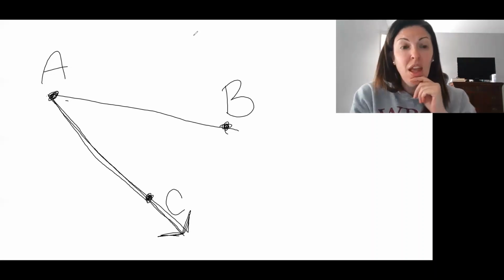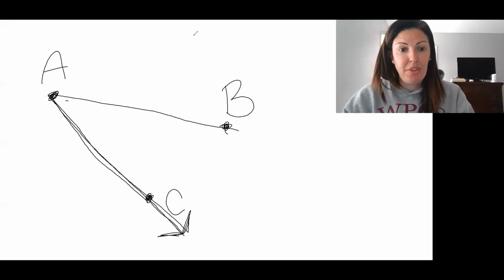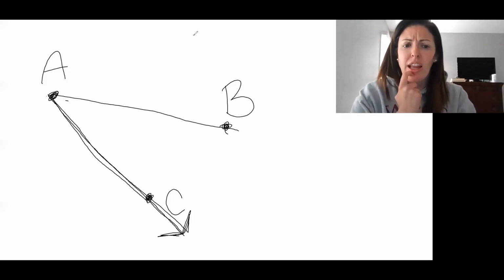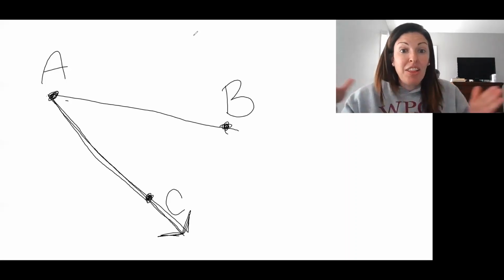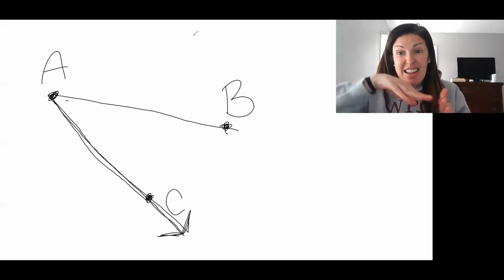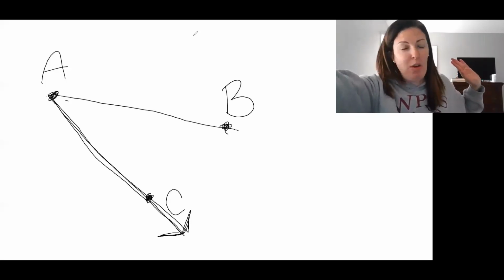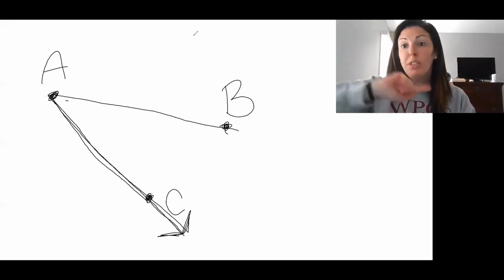But we know with line segment AB, it stops once it gets to point B. But if we look at point C, we see that our line continues. That arrow means that it continues forever in that one direction. Only in that direction.